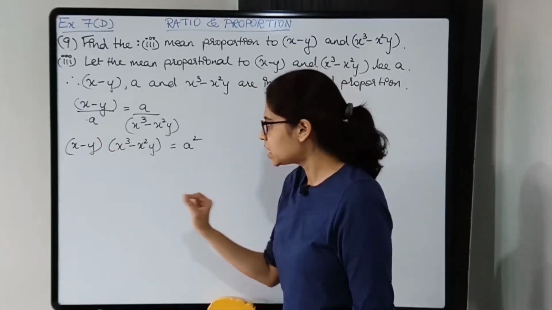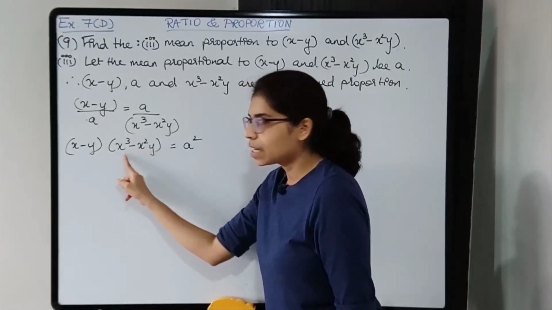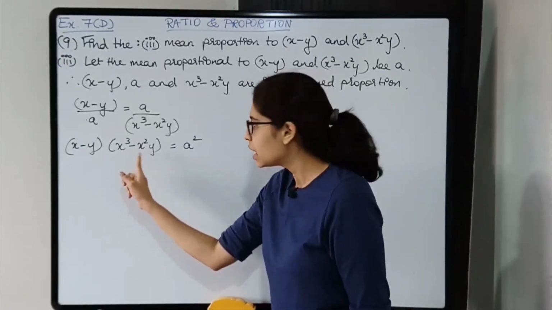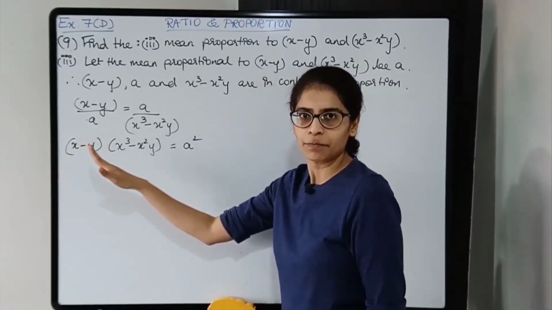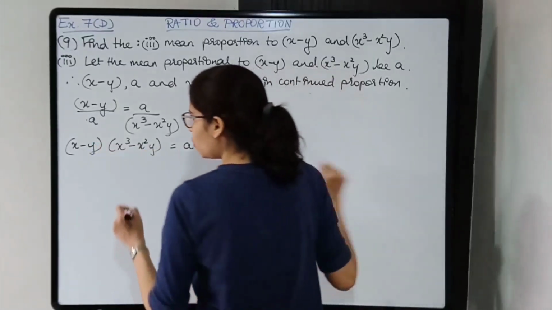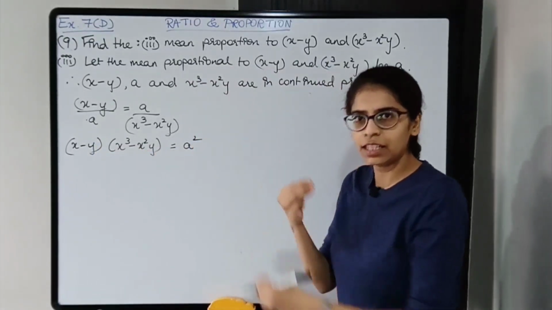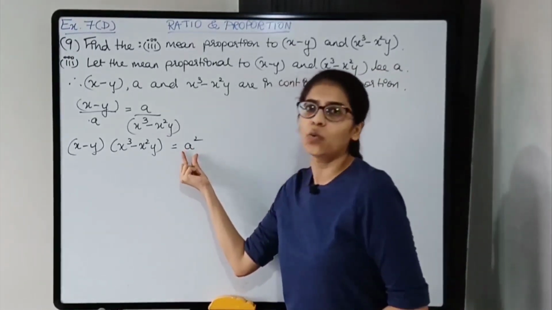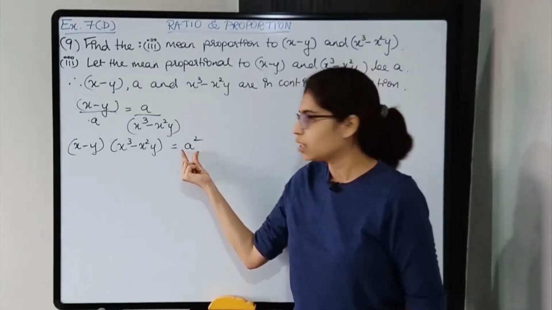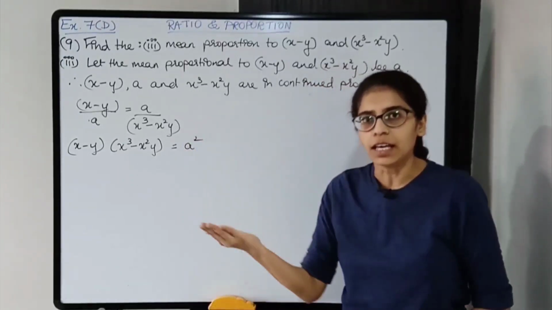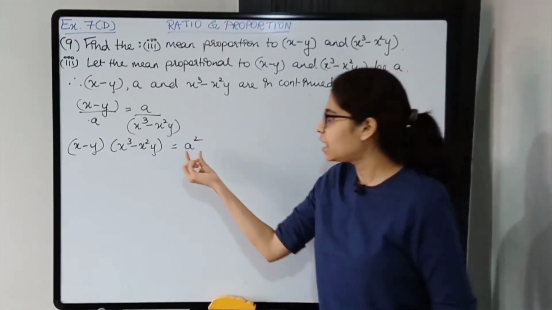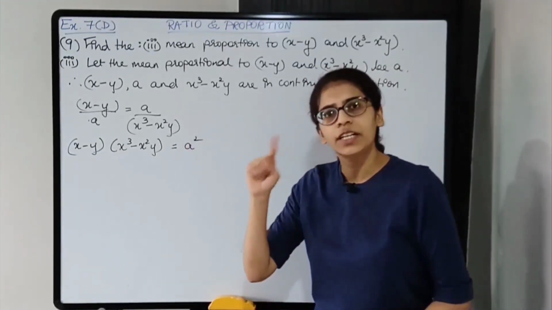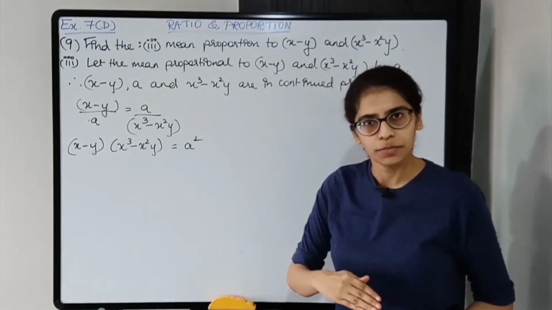Instead here I can take x square common outside. ठीक है? So first always check, can you take anything common outside? Why? Because here you are getting A square. You need to find the value of A, but you are getting A square. So whenever you are getting a square, you will take square root.